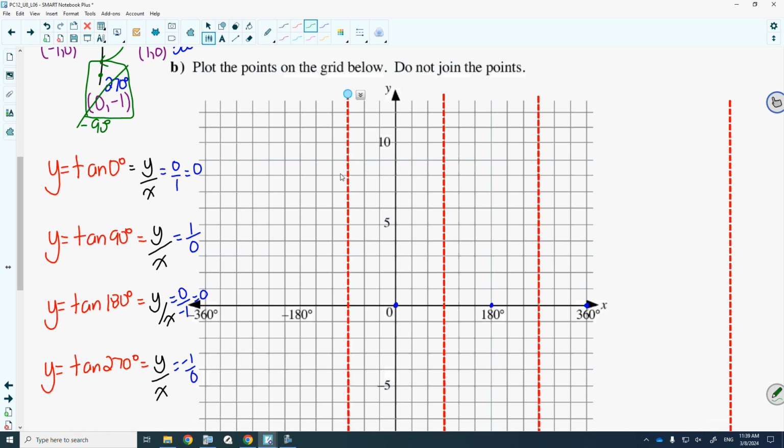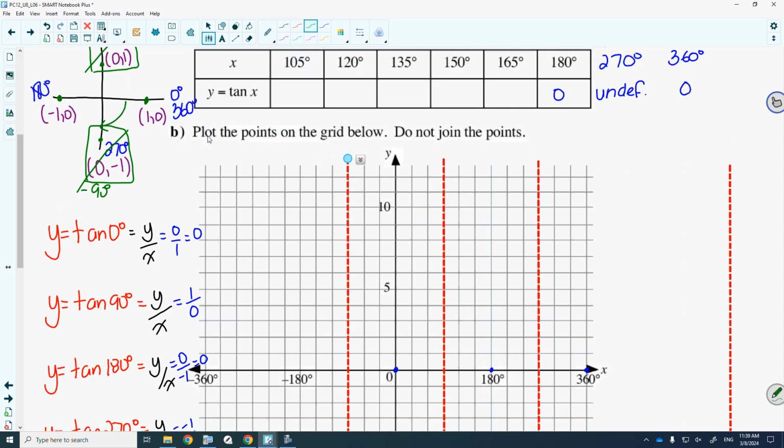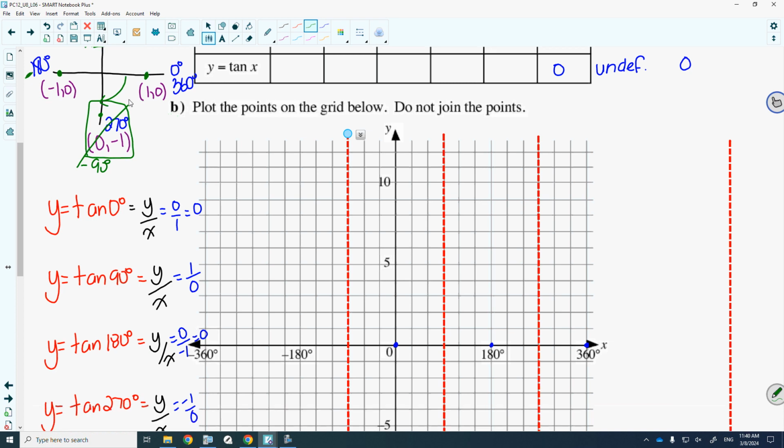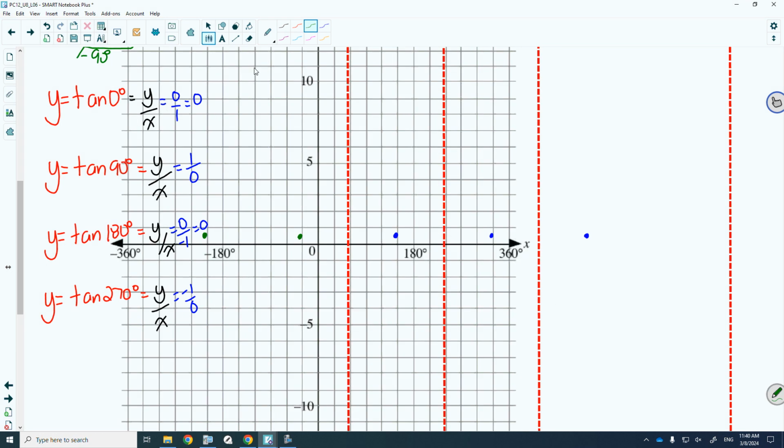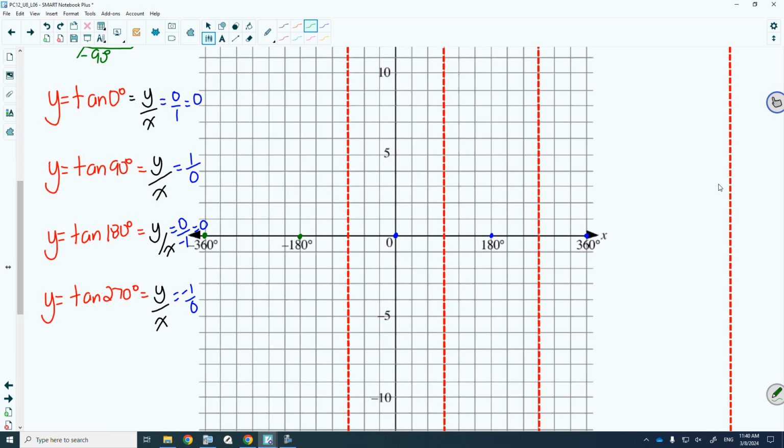Negative 180 would be over back up here. Y divided by x, tan of negative 180, 0 divided by negative 1 would be 0. So I've got an x-intercept here. We're going to have an x-intercept at negative 360, and we will be undefined at negative 270.